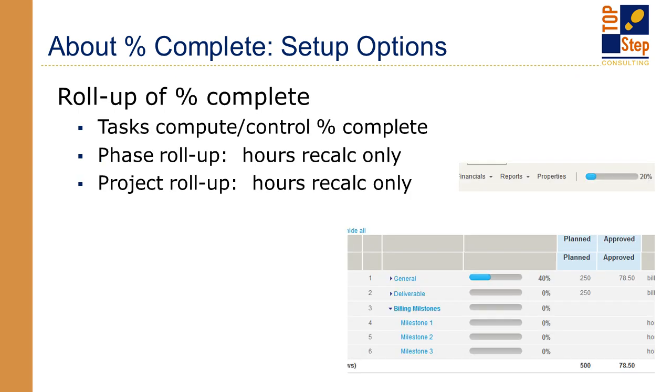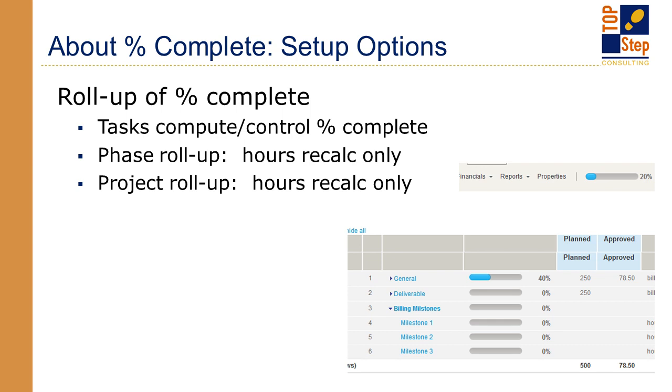Project and phase percent complete, again, are fully automatic and are a direct roll-up of the task percent complete. Meaning if you open up the task percent complete to have that subjective or qualitative number being slid there and set, you cannot manually set the project or the phase level.